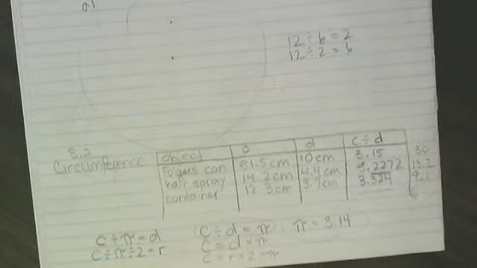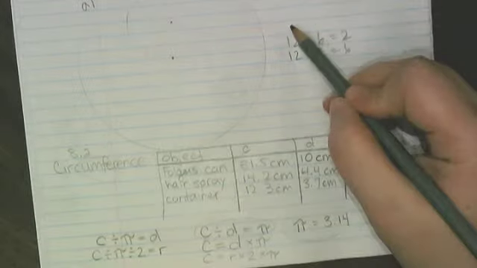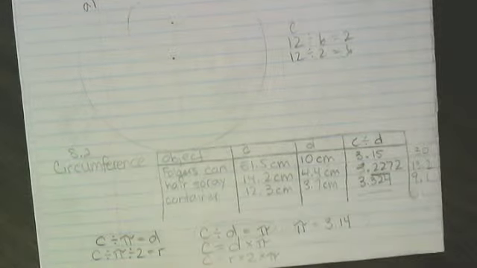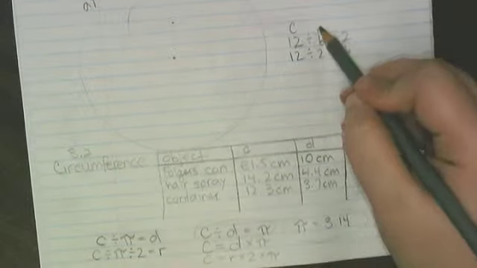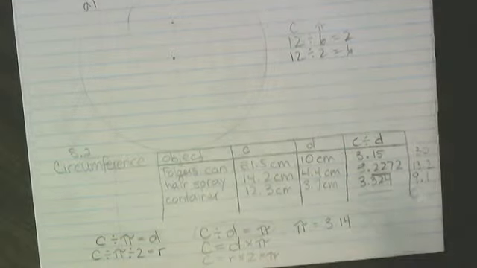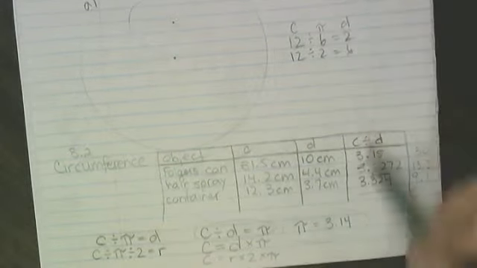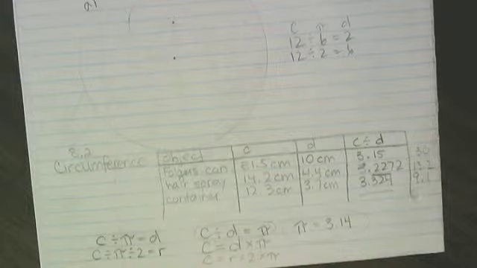Do you follow? If this was C and this was pi, I'm just looking at symbols right now, and this was D. Okay?